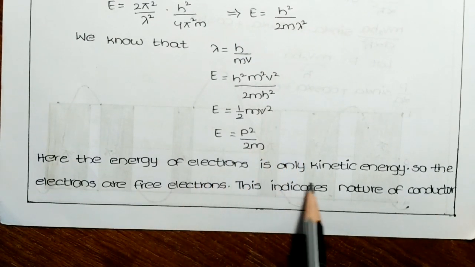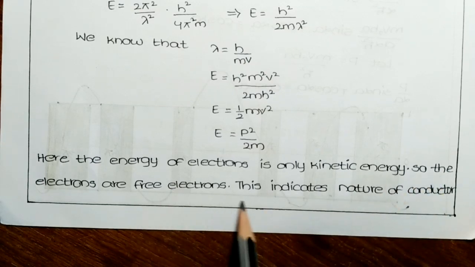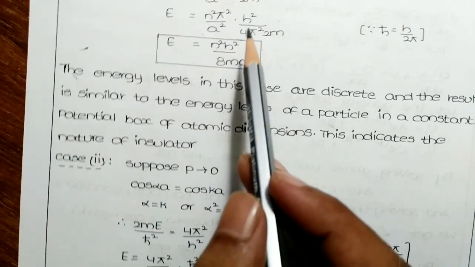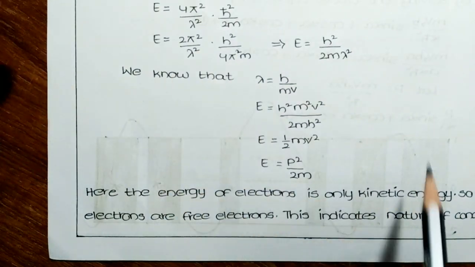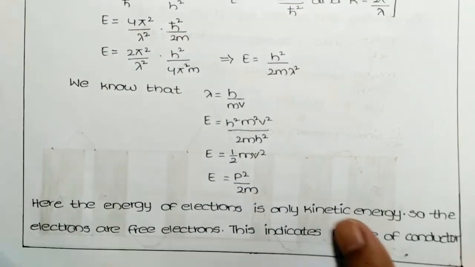Here the energy of electrons is only kinetic energy, so the electrons are free electrons, which indicates the nature of a conductor. The potential well indicates the nature of an insulator, because potential is there. Here the kinetic energy of the electrons indicates the nature of the conductor.